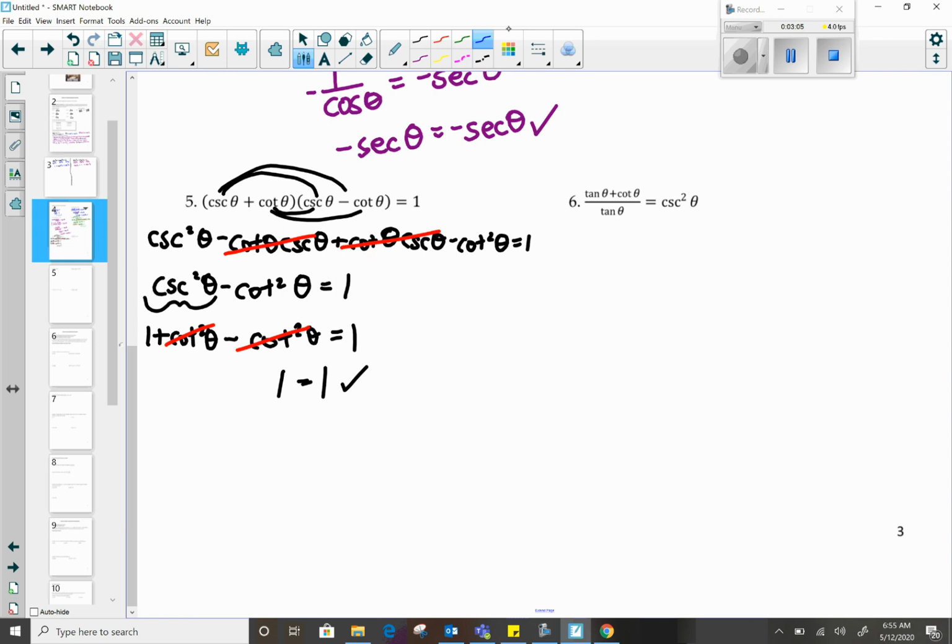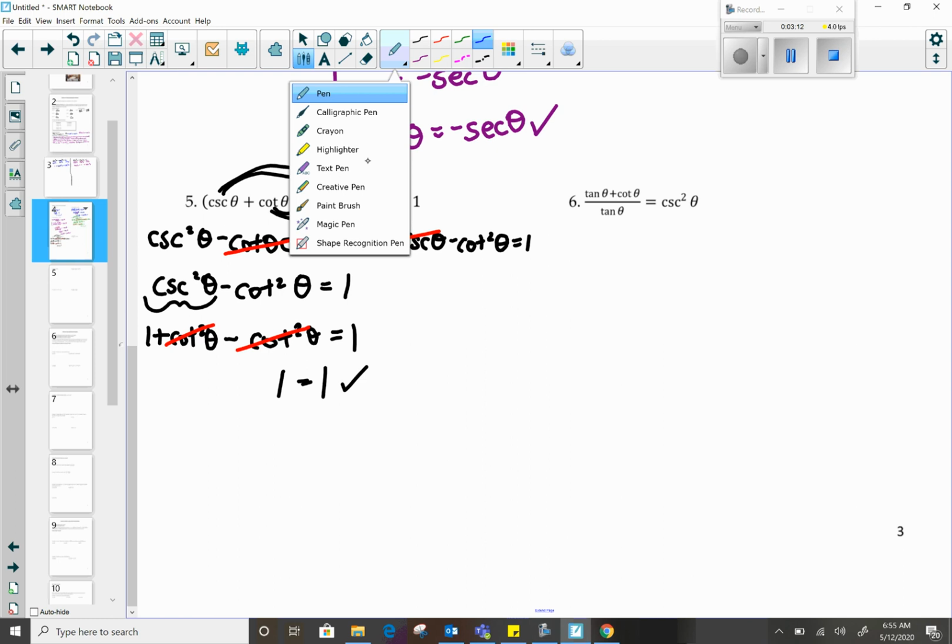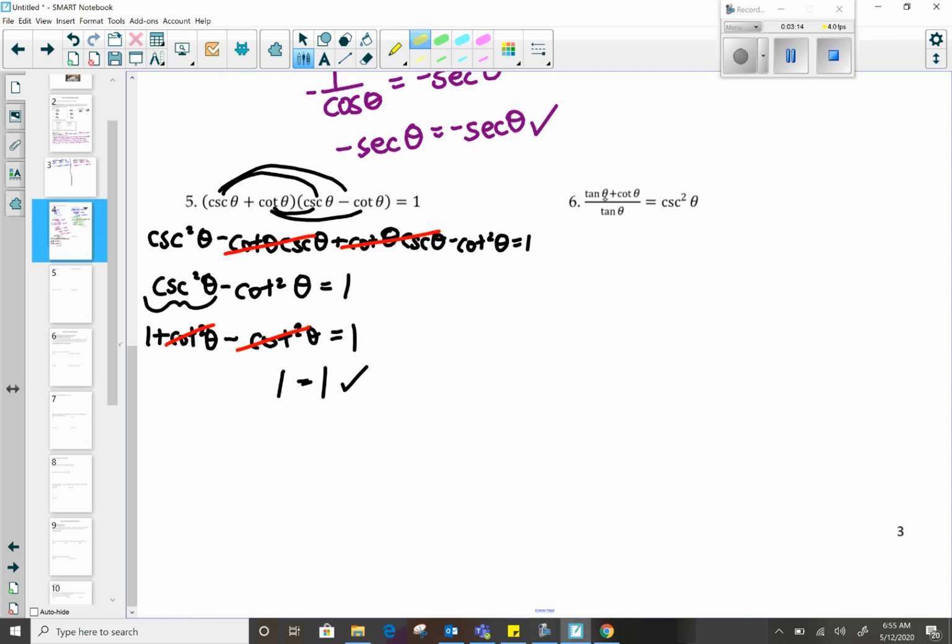Okay, so looking at this, generally what I do for these, remember, because there are no real set rules to these, is I take the denominator, as long as there's just one term on the denominator, and I divide each of the terms on the numerator by that denominator. So it looks something like this.